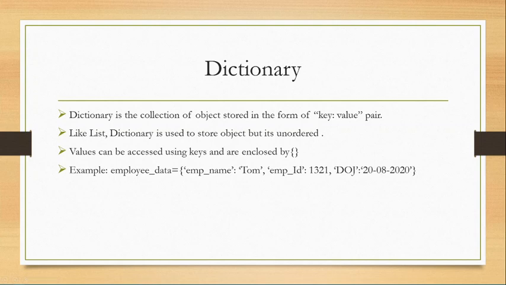Like lists, dictionaries are also used to store data, but they are unordered. Unordered means that you store the data in one order, but what you get in the dictionary is not fixed. Values can be accessed using keys and are enclosed by curly brackets.